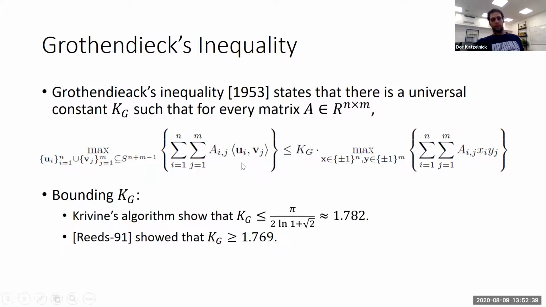So Krivine showed that this constant is at most 1.782, and his result is actually algorithmic, and it shows that you can in fact take this set of unit vectors and round them to have an integral solution from the right side, and you will not lose too much. So basically, a polynomial time approximation algorithm. And we also know that this constant is at least some factor like 1.76.